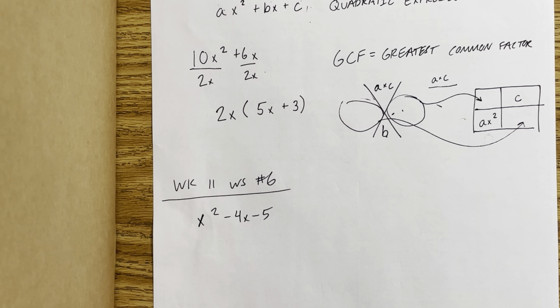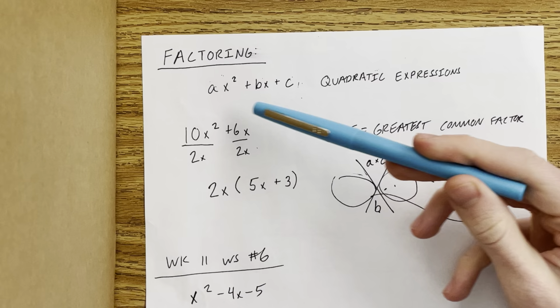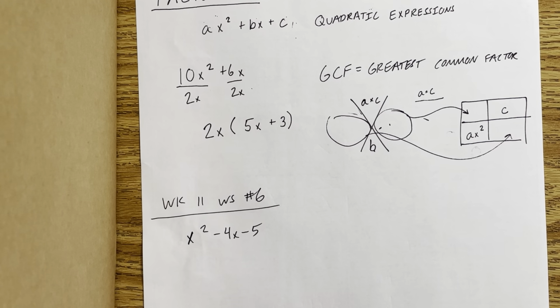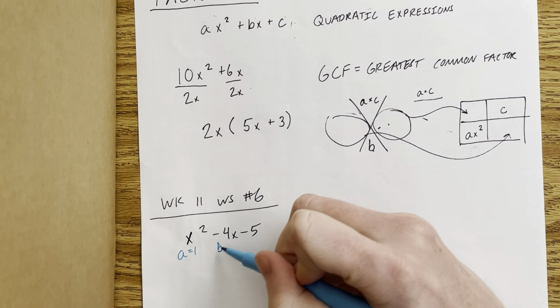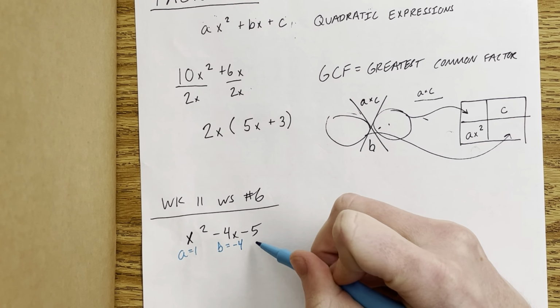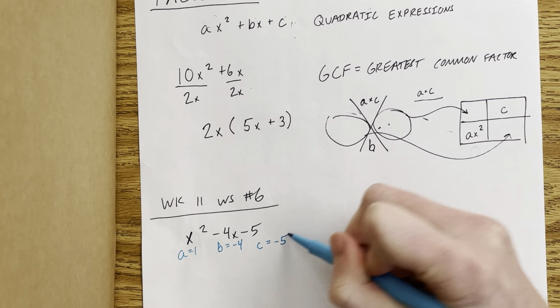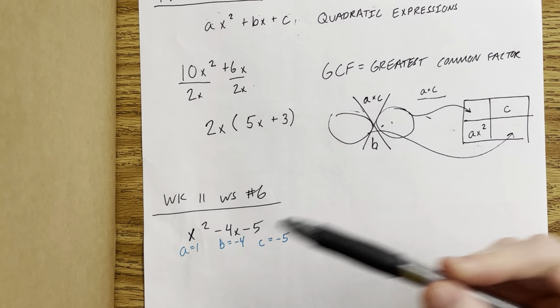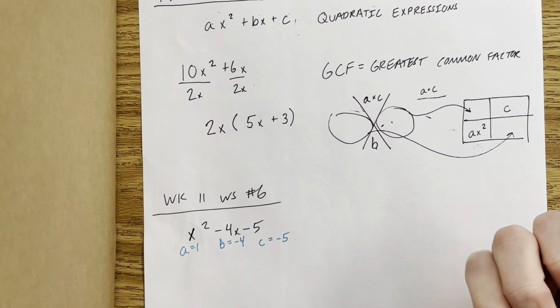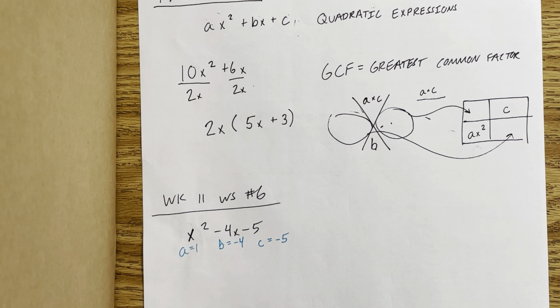In this case, I can assign my a, b, and c values: a equals 1, b equals negative 4, and c equals negative 5. The reason a equals 1 is because when there's no number, no coefficient, in front of the x squared, we just assume that it's 1. So whenever you see just x squared, know that your a is equal to 1.